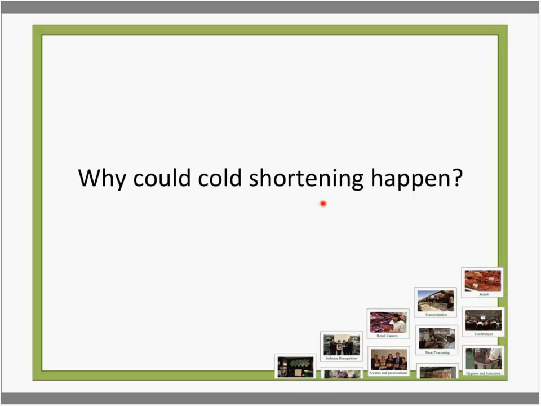Good, a bit of that. What could cause cold shortening? It's cold before the pH has reached 6.